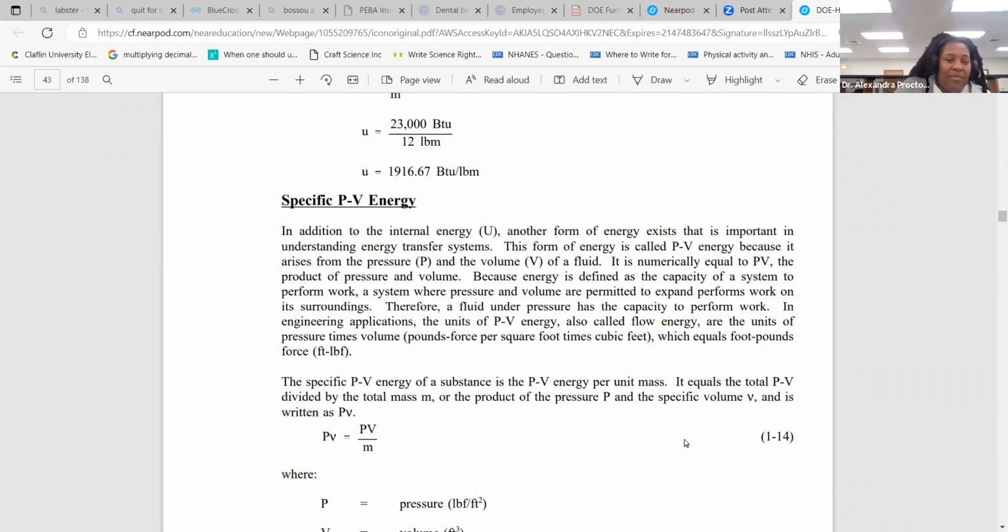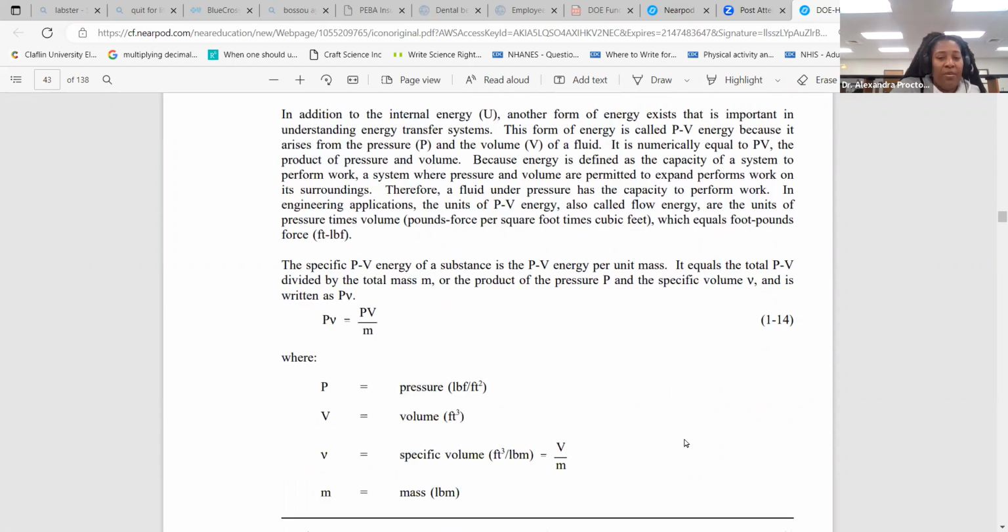So lowercase p v is equal to PV over M, where capital P is the pressure in pounds force per foot squared. Capital V is volume, in cubic feet. Lowercase v, which is not the lowercase v we talked about for kinetic energy, is actually specific volume, a variable used in the earlier chapter, in cubic feet per pound mass. And this is also equal to V, the volume, divided by the mass, in pound mass.